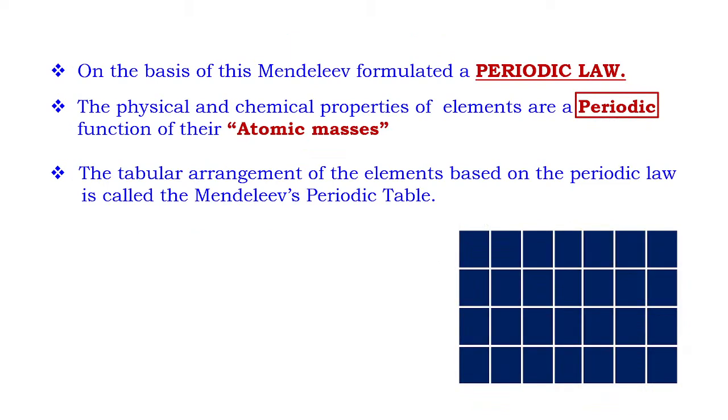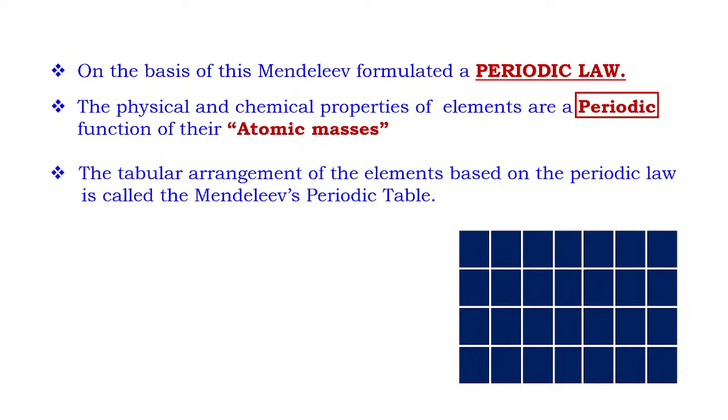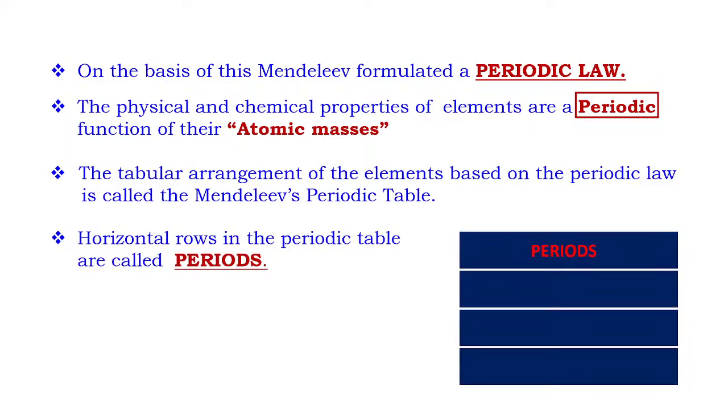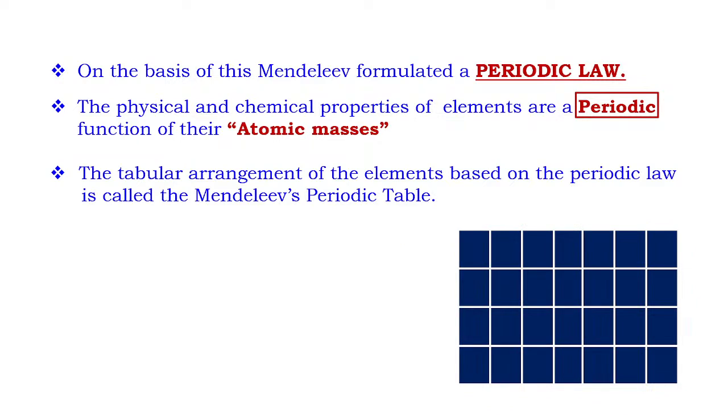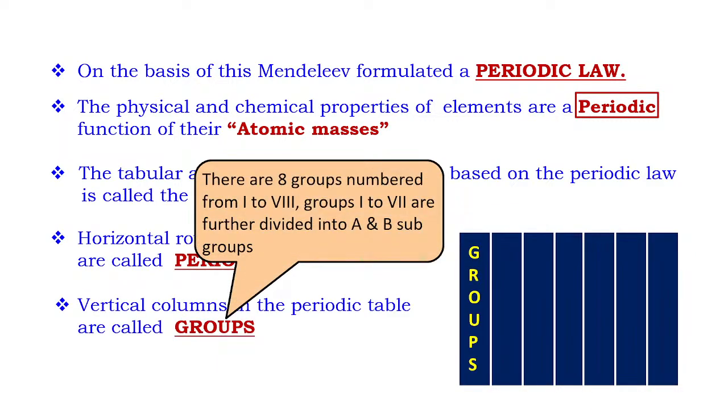Look at this. What is meant by period and what is meant by group? Imagine the element table looks like this. The horizontal rows are called periods. And if you draw a vertical line from top to bottom, those are called groups.